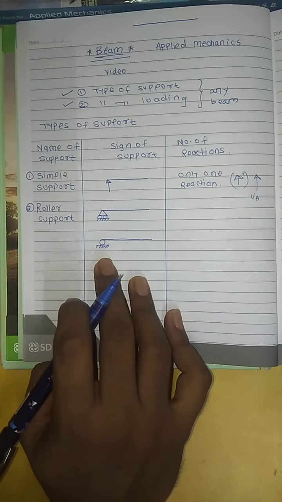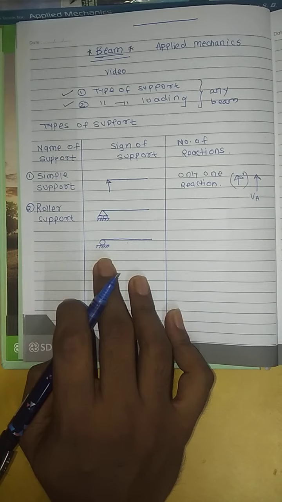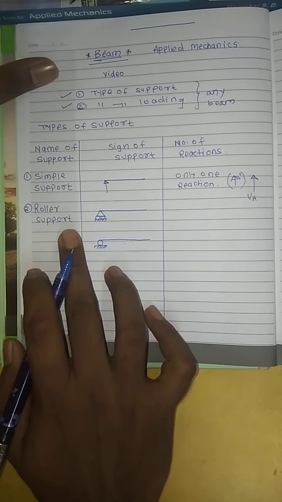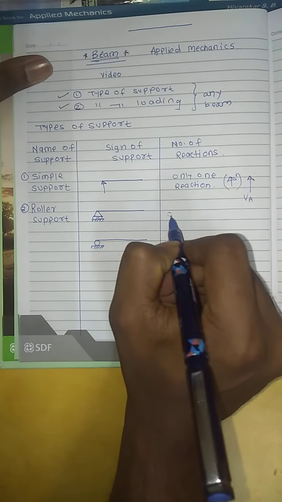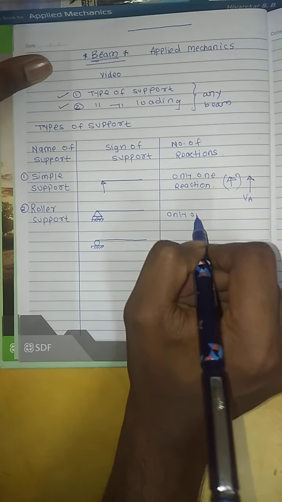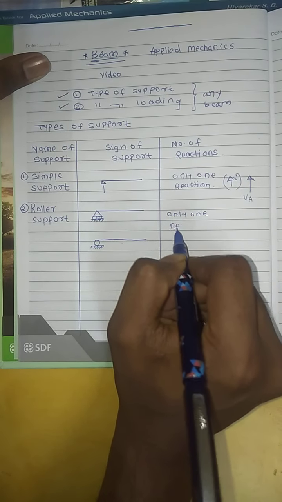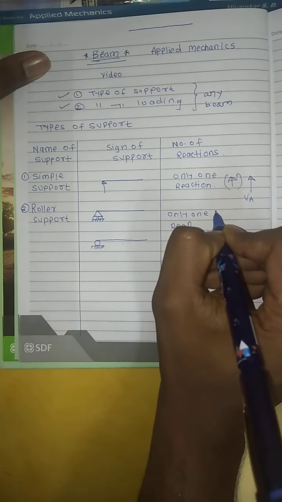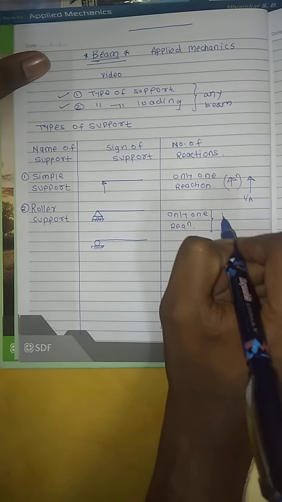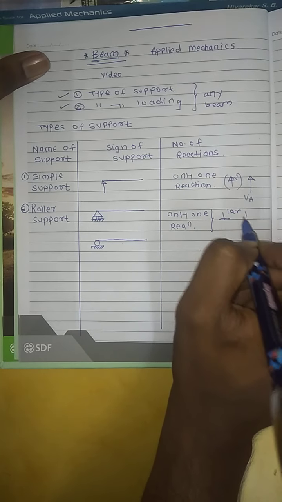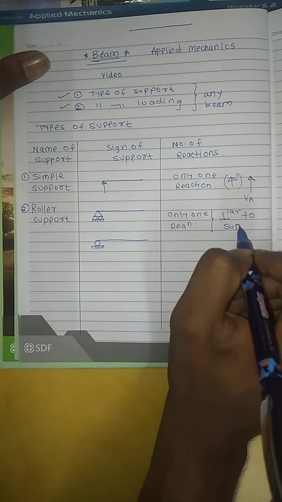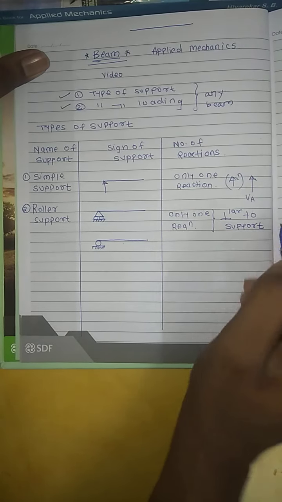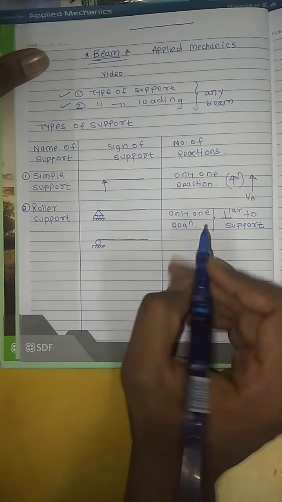Now how many reactions? That is again a big question. So roller support also has only one reaction, only one reaction, and that reaction is perpendicular to the support. Okay, I will explain what is perpendicular to the support.